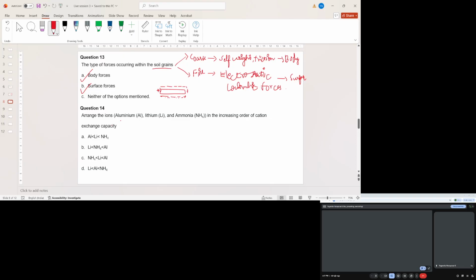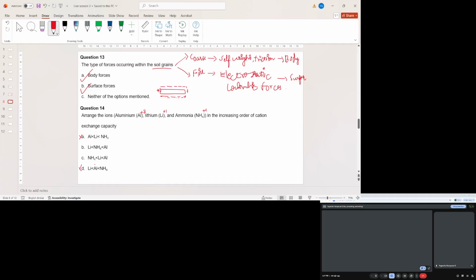Arrange the ions aluminum, lithium, and ammonia in increasing order of cation exchange capacity. We know the valency of aluminum is +3, lithium is +1, and ammonia is +1. Higher the valency, higher the cation exchange capacity, so some options can be eliminated.